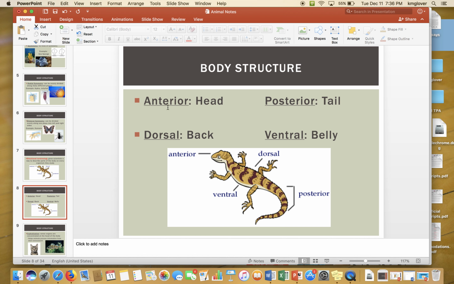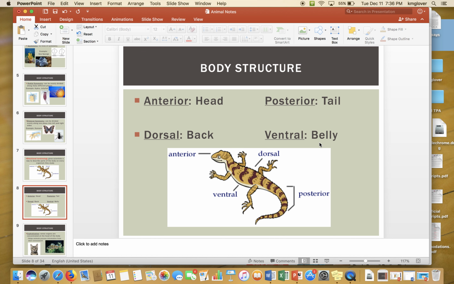So again, anterior means head, dorsal means back, posterior means tail, and ventral means belly. And a way that scientists describe directions of organisms, if you look at your hand, the palm of your hand would be ventral to the back side of your hand.